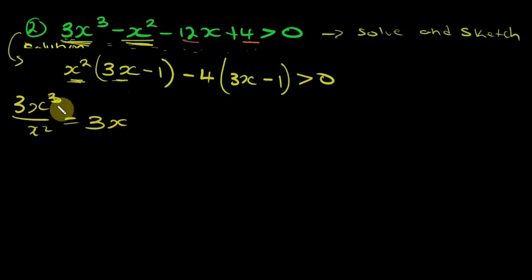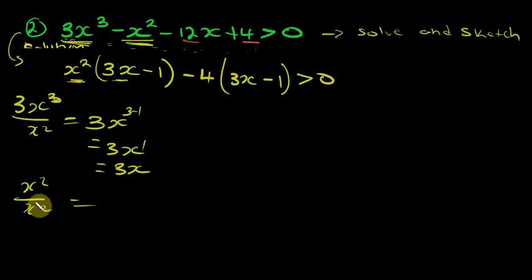And then with the x, if we are dividing and the bases are the same, x and x, subtract the power. 3 minus 1, so that's the same thing as 3x to the power 1, which equals 3x. We do the same also, x squared divided by x squared. Well, the bases are the same, so we subtract the power. 2 minus 2 gives us x to the power 0, which is equal to 1. That's how we got that.